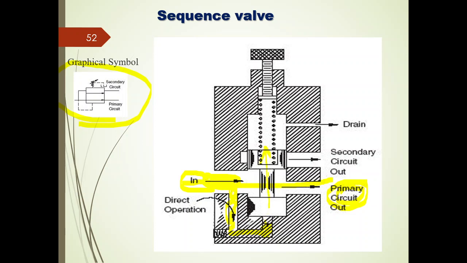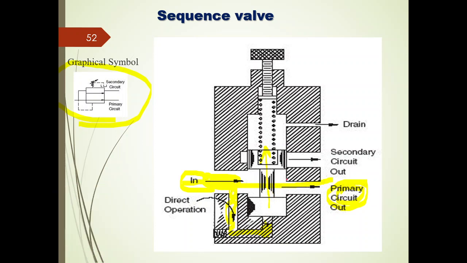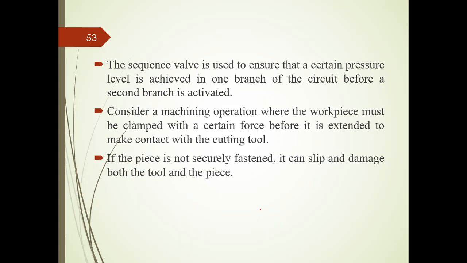When it moves in the upward direction, obviously this primary port will be closed with the help of this bottom piston, and similarly this will be moving against the spring force, so that I will be having the connection from inlet to secondary port, right? So unless until I get sufficient amount of pressure here, the secondary port will not be in an open condition, right? So that is in the case of sequence valve.